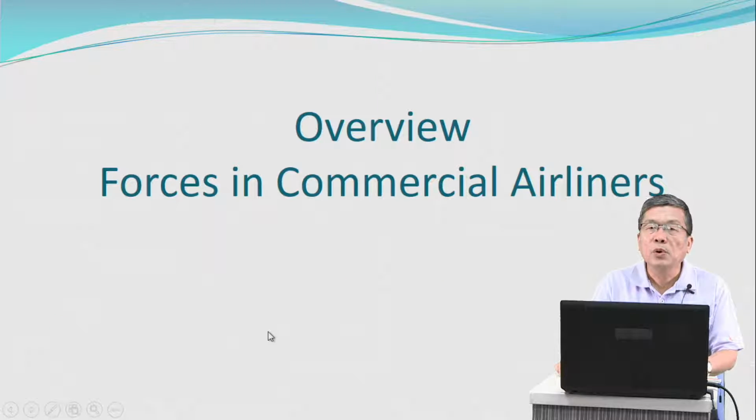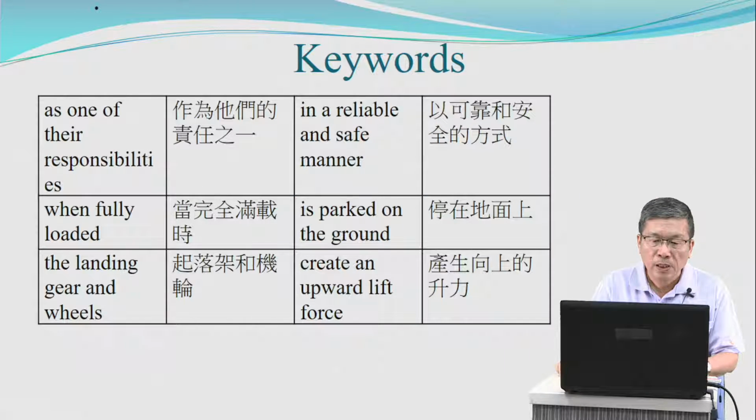Overview: forces in commercial airliners. The keywords: as one of their responsibilities, in a reliable and safe manner, when fully loaded, is parked on the ground. The landing gear and wheels create an upward lift force.